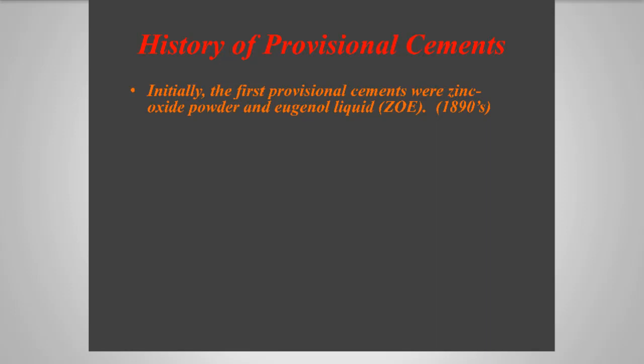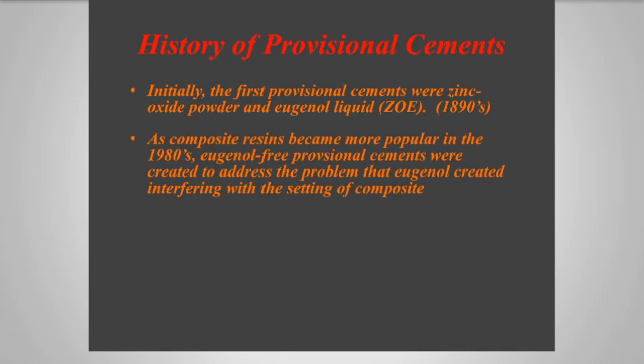As composite resins became more popular in the 1980s, suddenly there was a need for a eugenol-free temporary cement, because eugenol interfered with the bonding of composite to tooth, and many times now amalgam was being replaced by some type of bonded core material for crown preparation prior to the delivery of the definitive restorations, or we would be cementing a definitive restoration with a resin material, and eugenol, if it remained on the tooth, would not allow that resin to set properly.